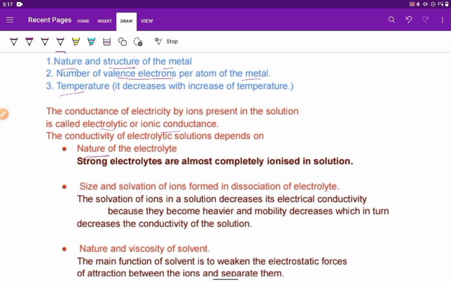It is so because when there is solvation, they become heavier. When they become heavier, their mobility will decrease, and this decreases the conductivity of the solution.